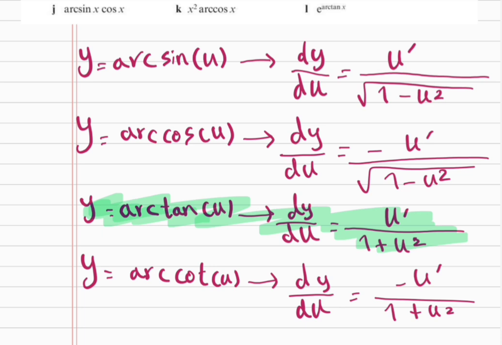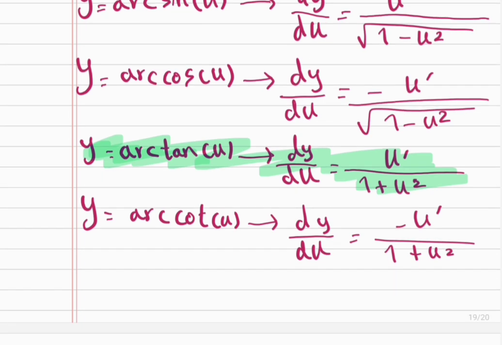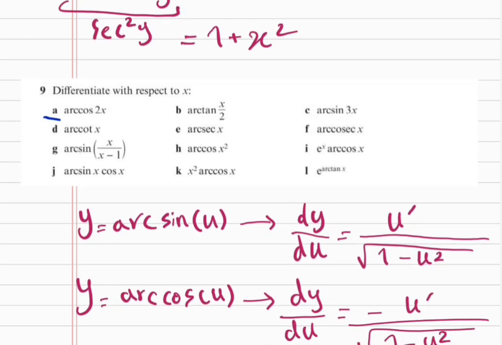For example, arcsine is the same, but obviously in the denominator you have a square root, and it's minus. For arccos, it's the same as arcsine, but you just have a minus. And again, arctan and arccot are very similar. The only difference is arccot has a minus. So now let's use this to solve some of these questions.